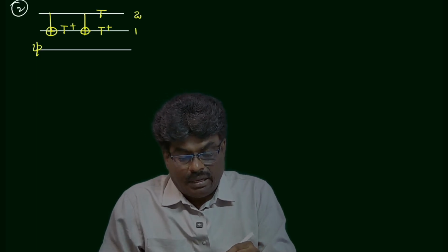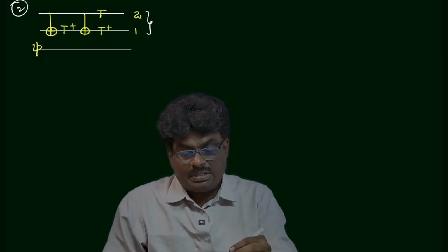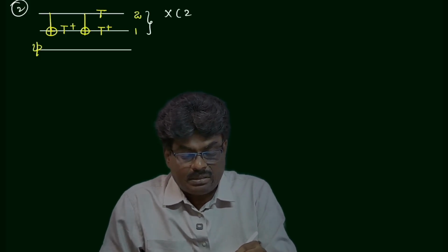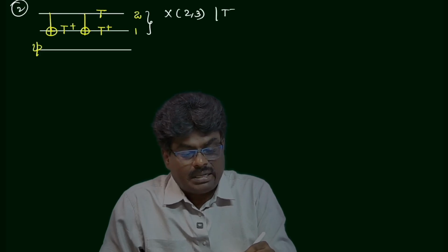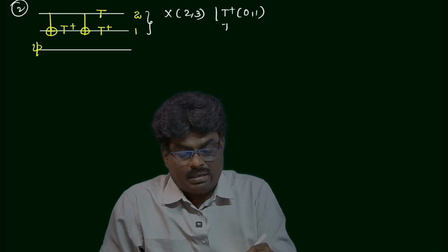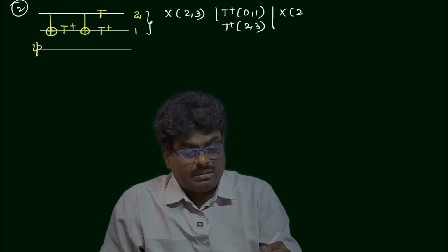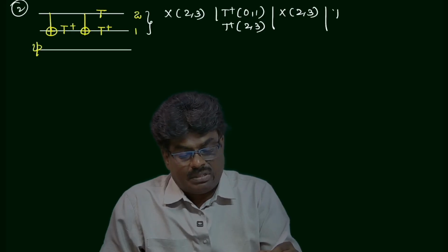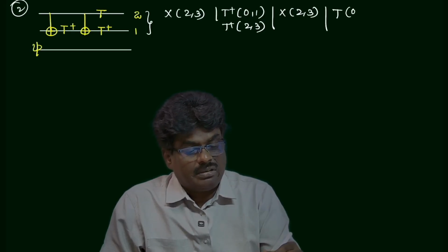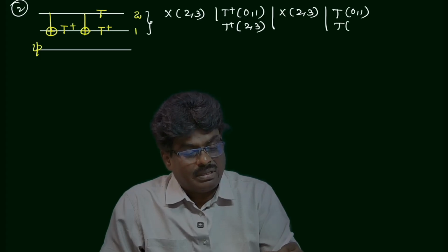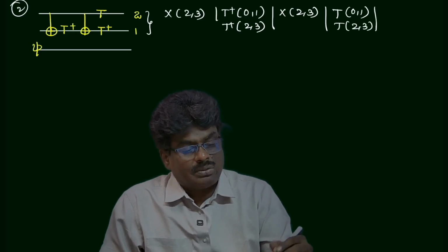Now here we have these operations on 1 and 2. First one X on 2 comma 3, next T dagger on 0 comma 1, again T dagger on 2 comma 3, next again X on 2 comma 3. Now this time we have T on 0 comma 1 first, and add that to 2 comma 3.